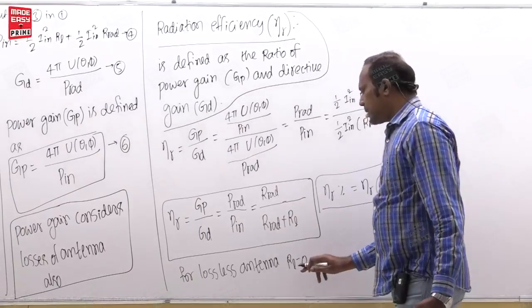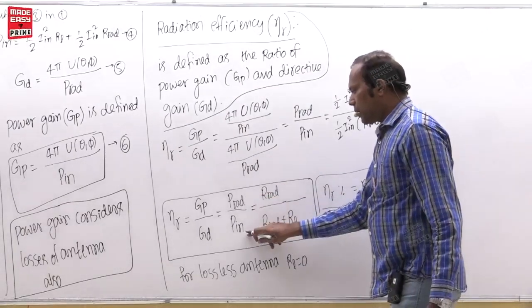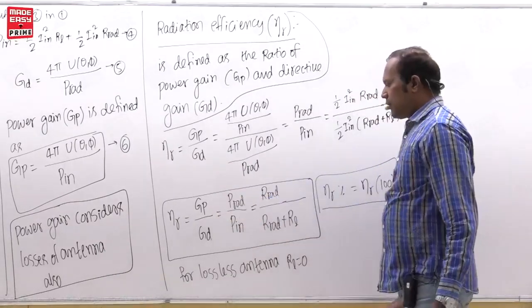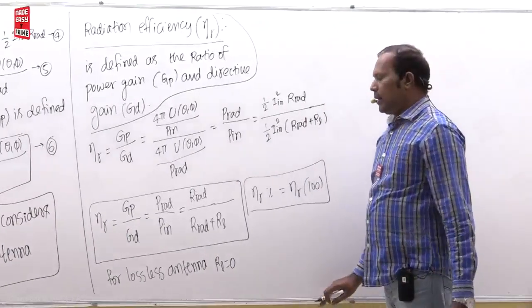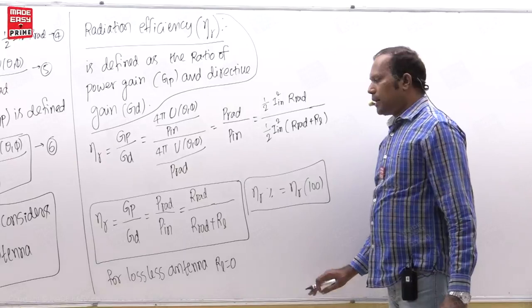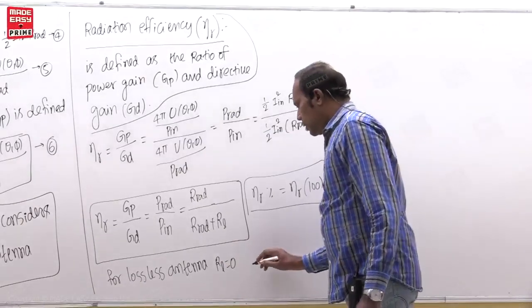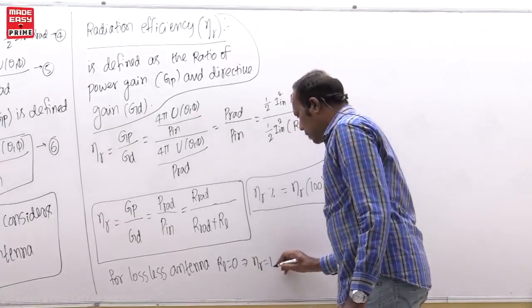That means for a lossless antenna, power radiated is equal to power input, or directive gain is equal to power gain, or radiation efficiency becomes 100%. But there is no antenna which produces zero loss. That is just a theoretical discussion. For a lossless antenna, R_L is equal to 0, which implies eta R is equal to 1.